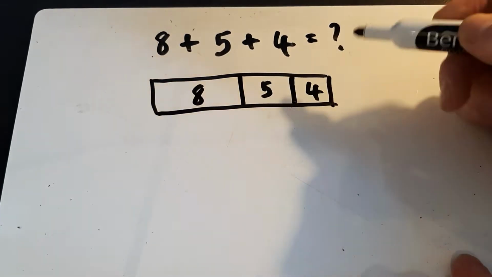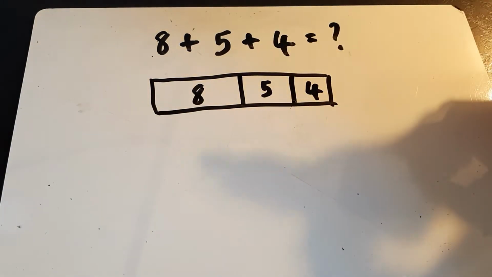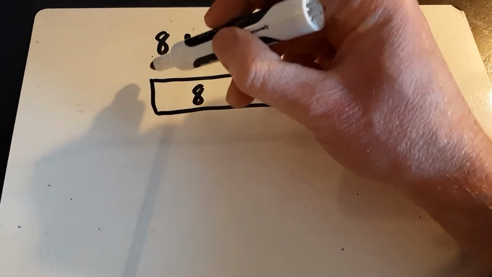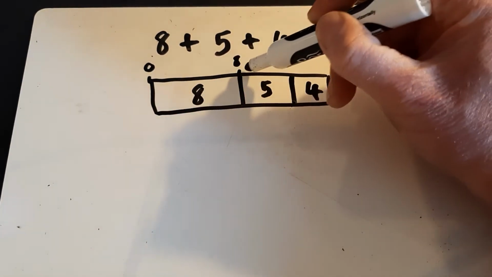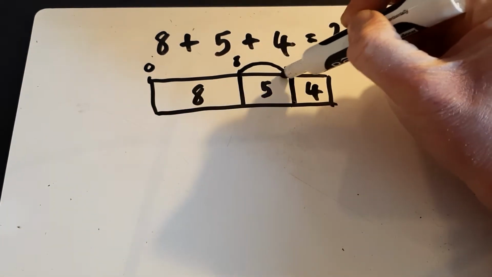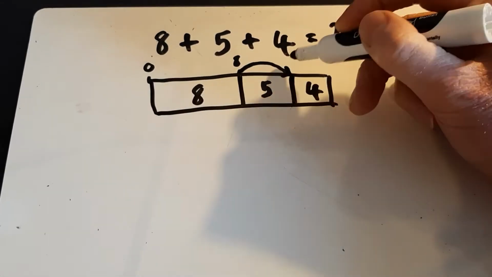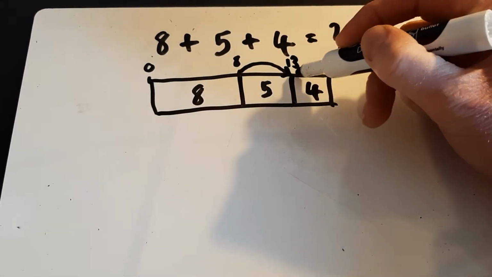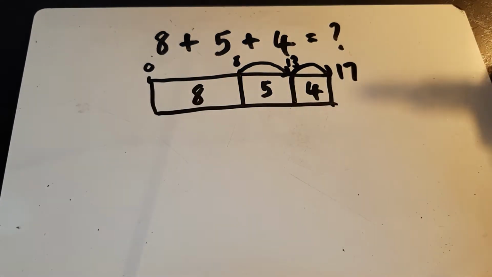Now the good thing about this one, 4 on the end, is you get the biggest number and the numbers decrease. Again, as we mentioned in previous videos, it's a bit like a number line, but when you get to 8, if you count on 5 more, you're going to get to 13. And then if you count on 4 more, you're going to get to 17.